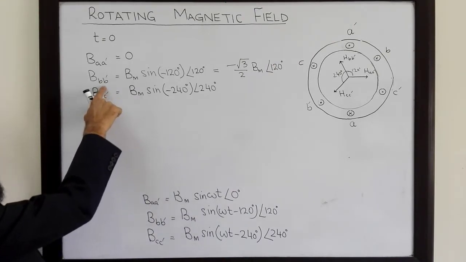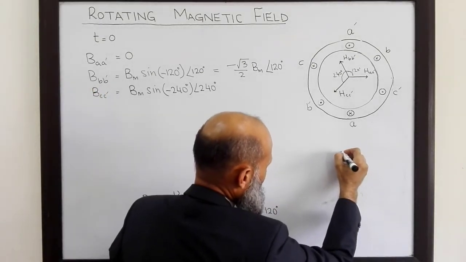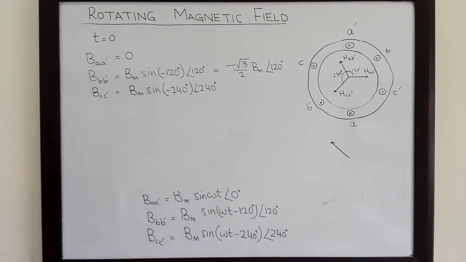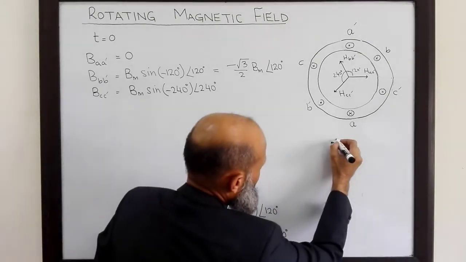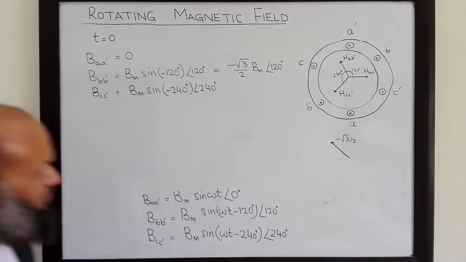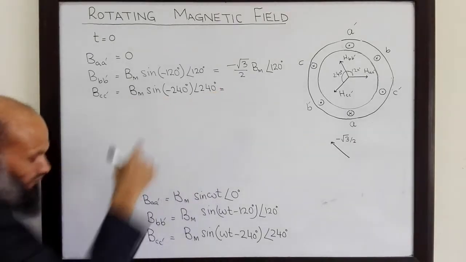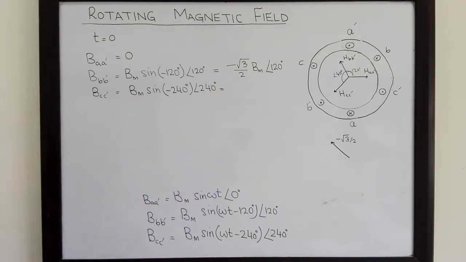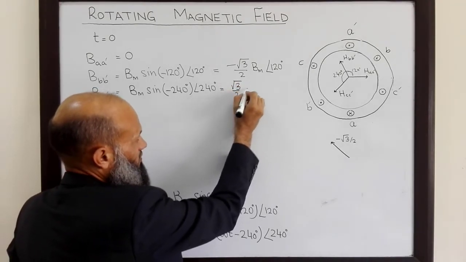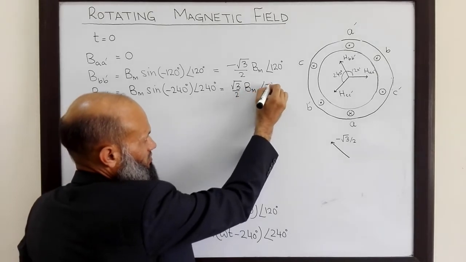That is, this flux density vector is at 120 degrees and with a magnitude of minus square root of 3 divided by 2. And the third vector, sine of minus 240 degrees, comes out to be equal to square root of 3 divided by 2, and its direction is 240 degrees.